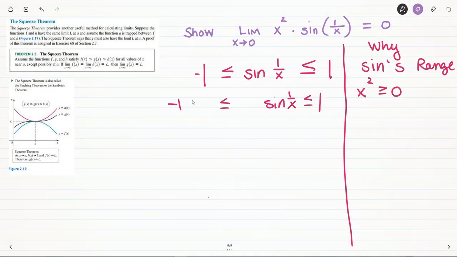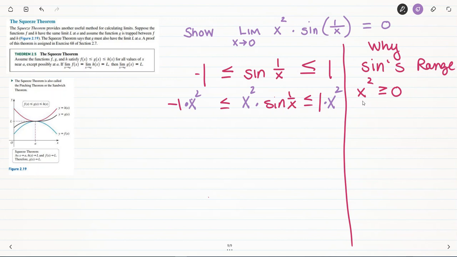So I'm going to insert in here times x squared, so this inequality still holds. Why does this hold? Because I know x squared is not negative.